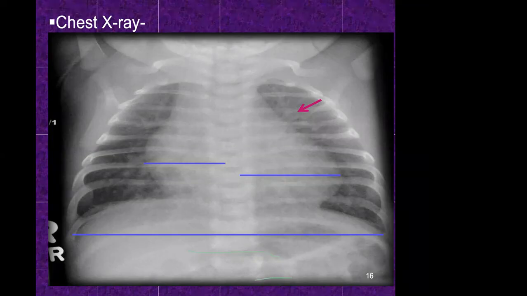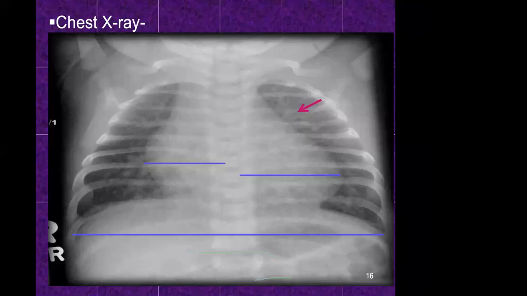Cardiomegaly is present. Okay, okay, and what else?